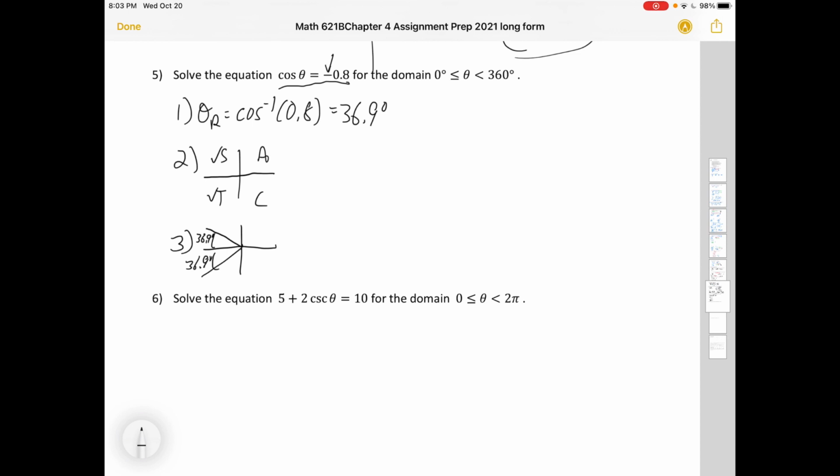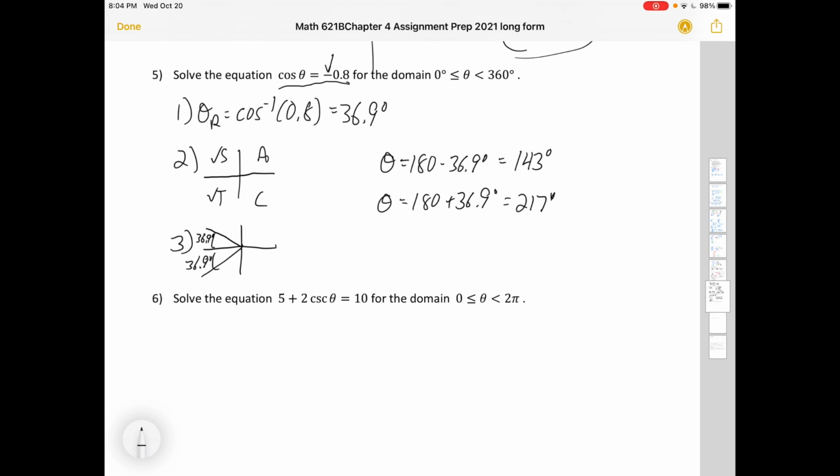That drawing will make it harder for me to botch these answers. So one of these answers is going to be 180 minus 36.9 degrees, and one's going to be 180 plus 36.9 degrees. And so to 3 sig figs, 143 and 217, you can show greater accuracy if you'd like.